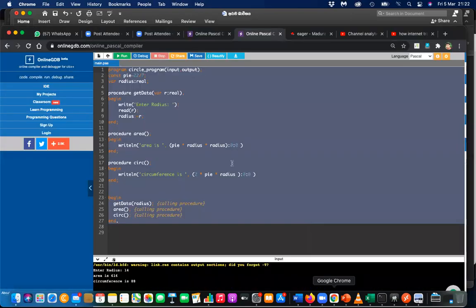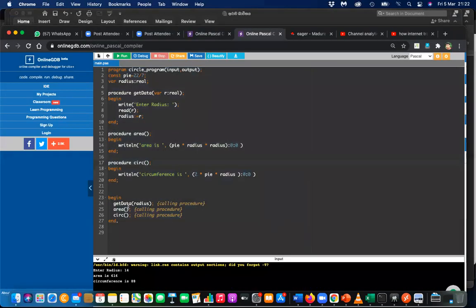Similar to this, here you have get data, area, and circumference. If you want to get data again, you can do get data again, and then find the area again. And this time, if you want to find the circumference, you can find the circumference.